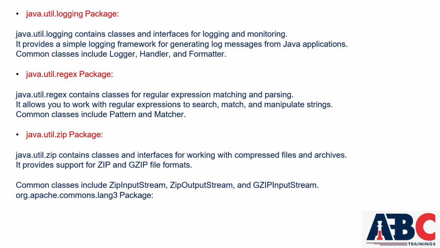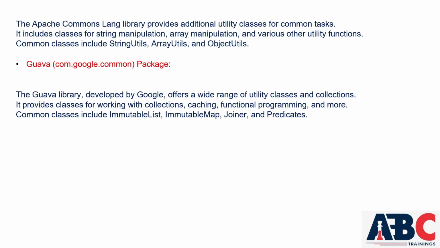Next is the org.apache.commons.lang3 package. In this package, the Apache Commons Lang library provides additional utility classes for common tasks. It includes classes for string manipulation, data manipulation, and various other utility functions. The common classes include StringUtils, ArrayUtils, and ObjectUtils.